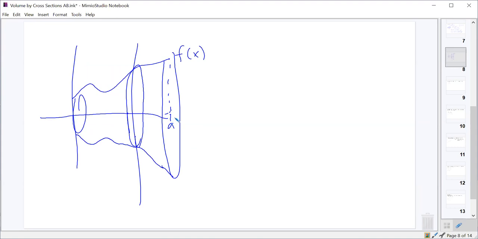And if the cross sections are circles, they should just be represented by pi times the radius squared, with a thickness of dx. To find the volume of this full solid, I should just be able to integrate from 0 to a pi r squared dx, where r is my function.